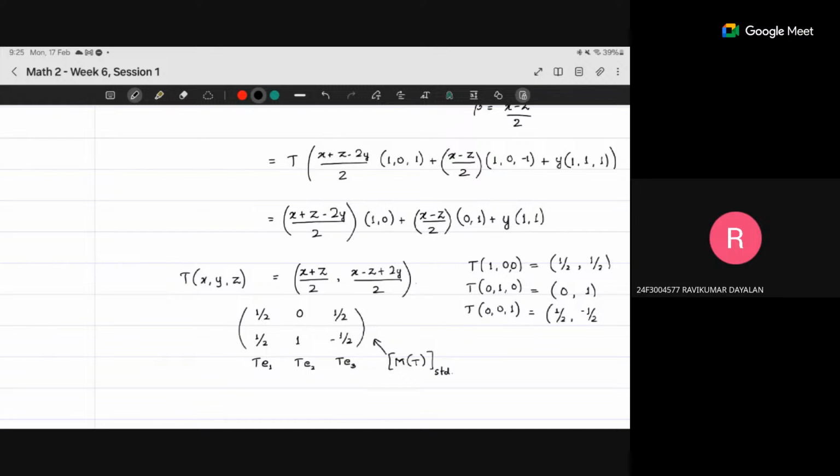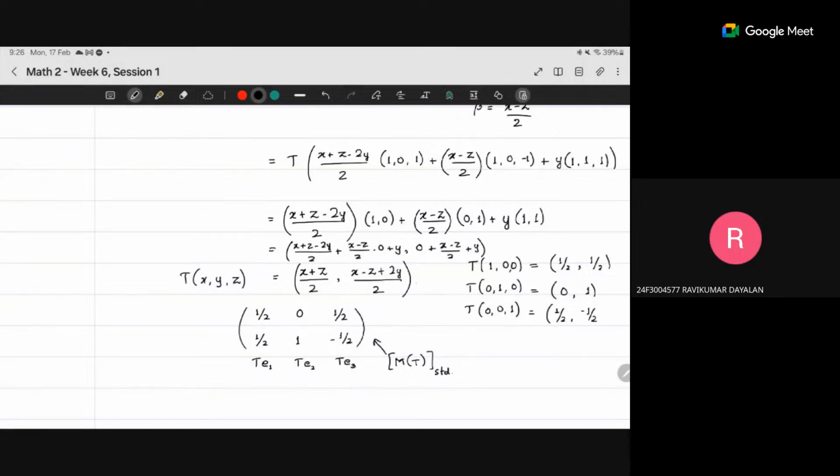And the second is 0 times that, plus x minus z by 2 plus y. Just simplifying that above expression.